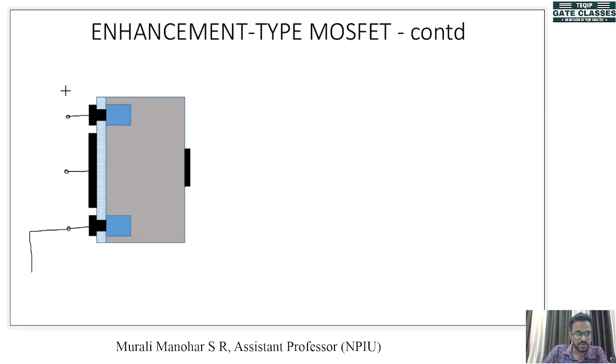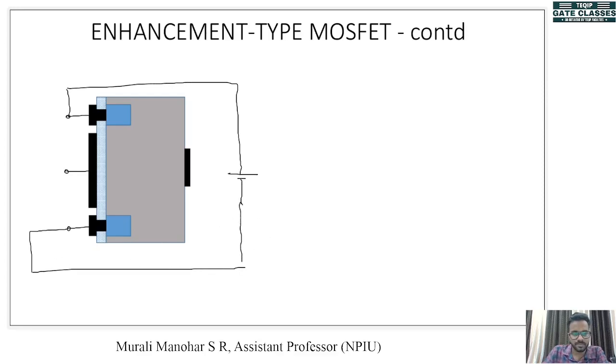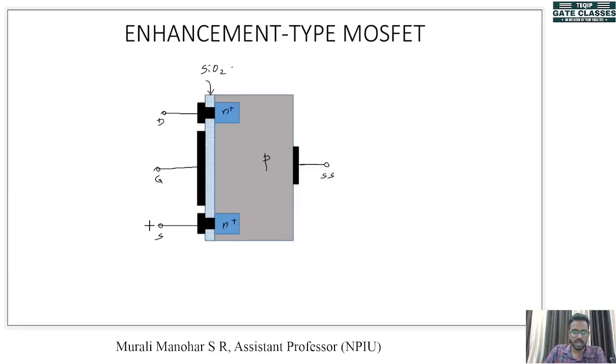Now there is a positive potential between drain and source, that is VDS is greater than 0. And there is also another potential between gate and source, and in this case, that is in case of an enhancement type MOSFET, that too an N channel enhancement type MOSFET.